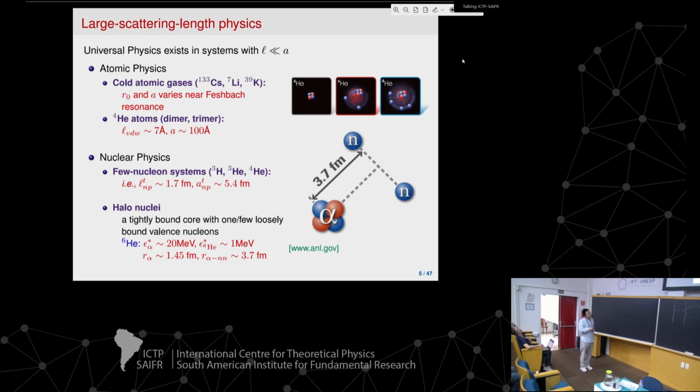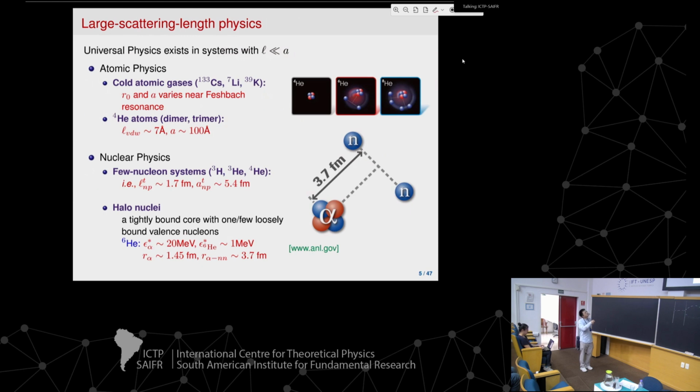But the binding of the other two neutrons in helium-6 is only about 1 MeV. If you convert this into a range, the interaction range is about 1.4 Fermi, which tells you the size of the alpha particle, and the distance between the alpha and these two neutrons is about 3.7 Fermi. So this is also a separation of scales appearing in halo systems.